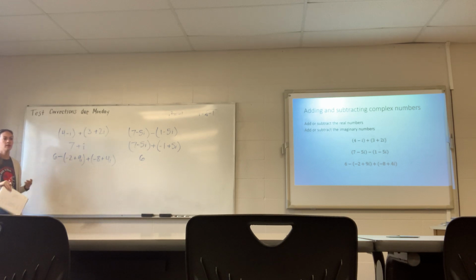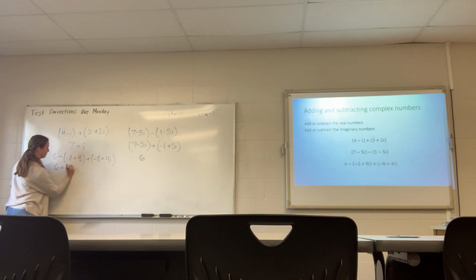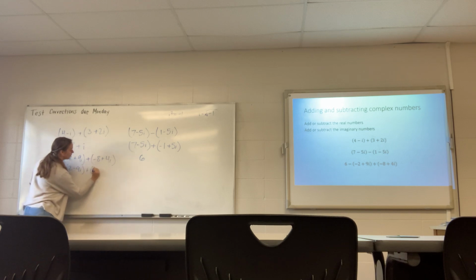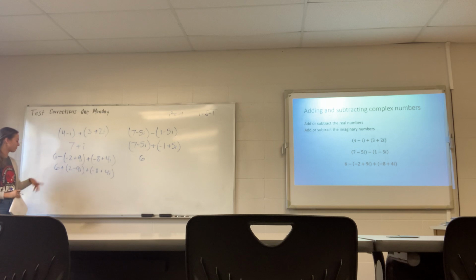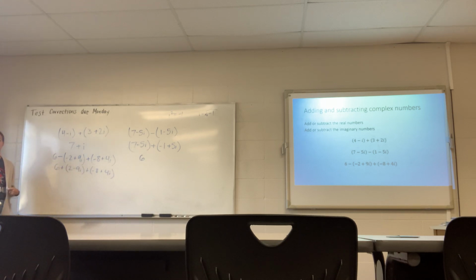Jade, what do you think? Yeah, I could distribute it. So I'm gonna have 6 plus 2 minus 9i plus negative 8 plus 4i. So now even though I have 3 real numbers, I'm just gonna combine all of them together. So when I do that, Cooper, what would I have?